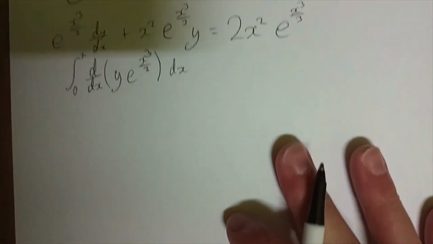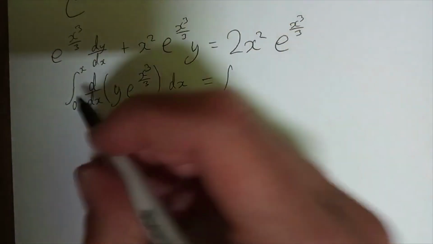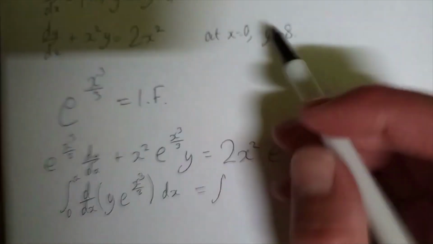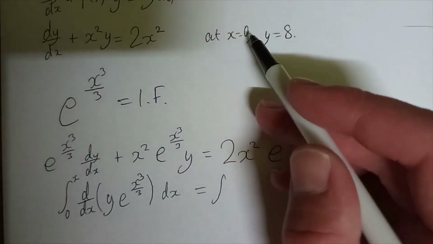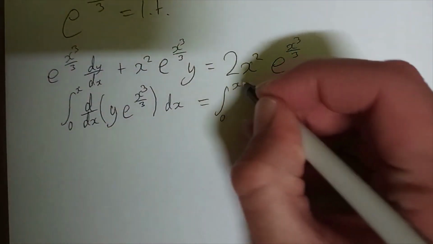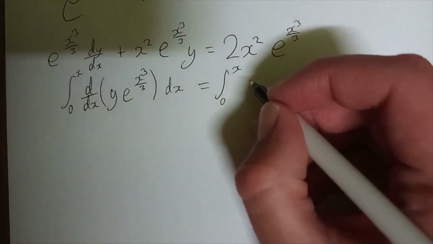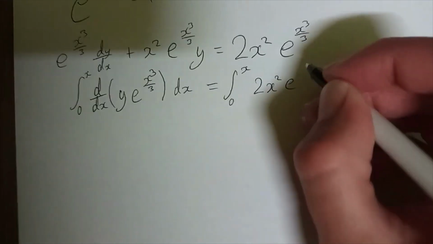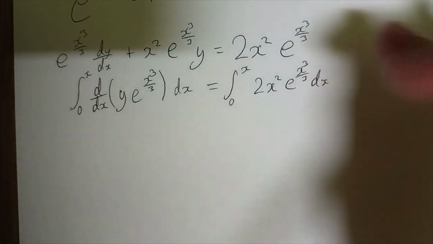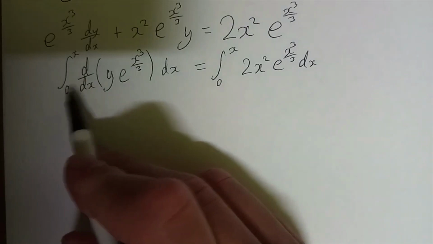Now this definite integral will be evaluated from x equals 0, because that's the value involved in our initial condition. So again, we take the integral from 0 to x of both sides, so that's 2x squared times e to the x cubed over 3 dx. Now again, as I was about to mention, we'll use the fundamental theorem of calculus.